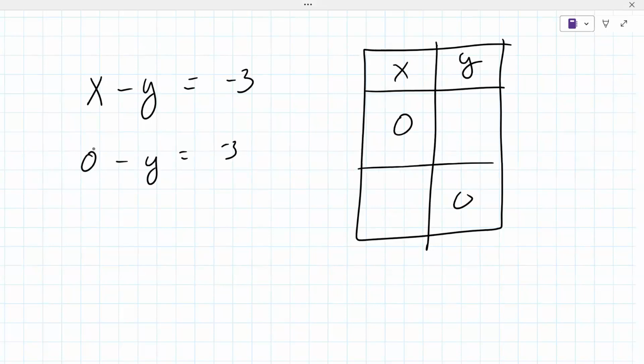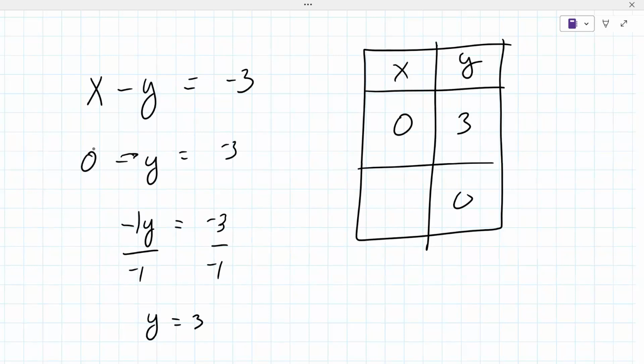We're a little bit different. That's why we're doing it. The negative goes with the y. It's really -1y equals -3. So how do you undo a negative in front? Divide by -1. So y is 3.